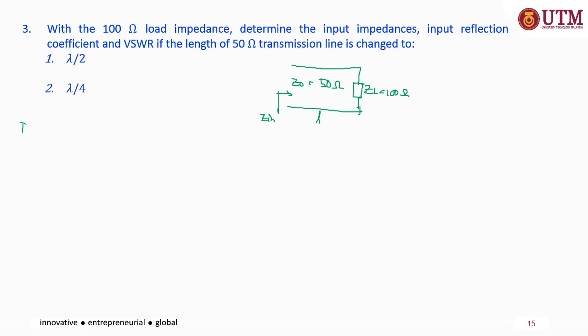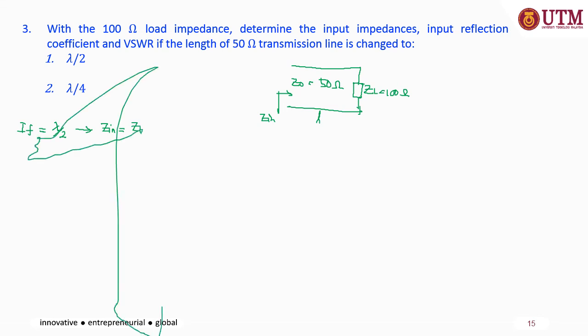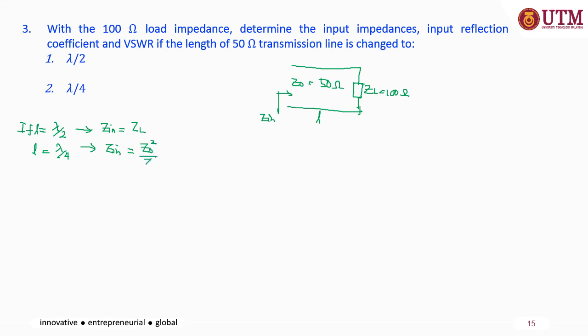If L equal to lambda over 2, so your Zin will be equal to ZL. Okay, another condition, if L equal to lambda over 4, so your Zin will be equal to Z0 squared divided by ZL.